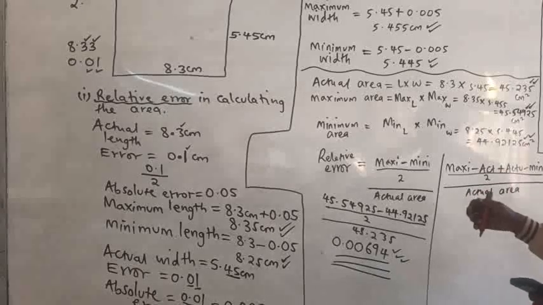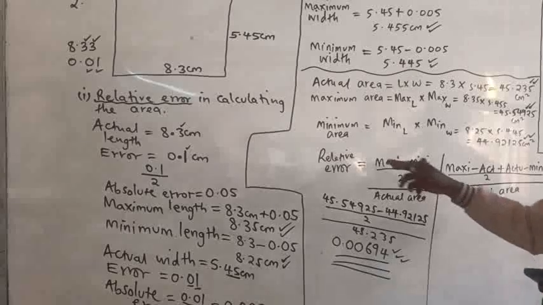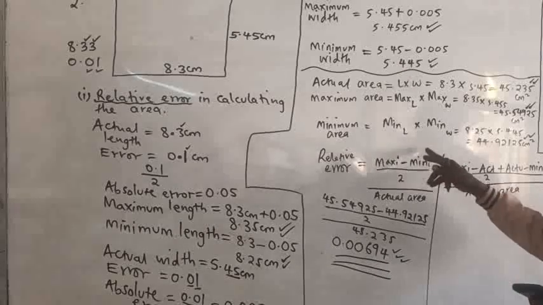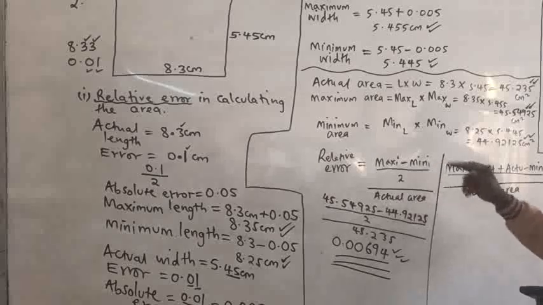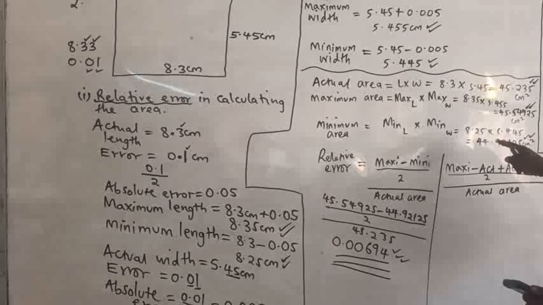If you do not want to say relative error is maximum minus minimum divided by 2 over actual area, you can say maximum area minus actual area plus actual area minus minimum area, divided by 2, then over actual area.